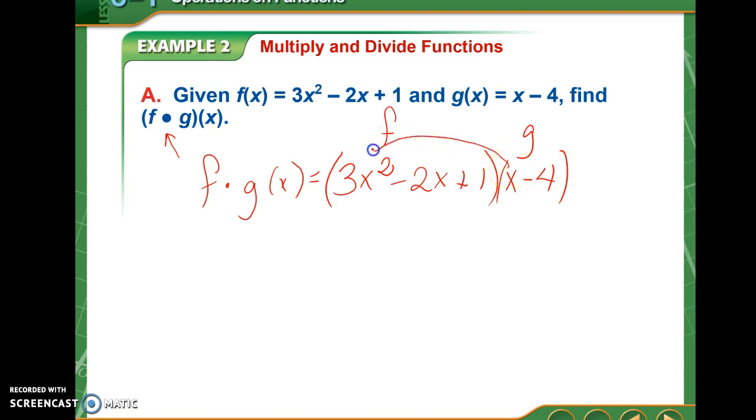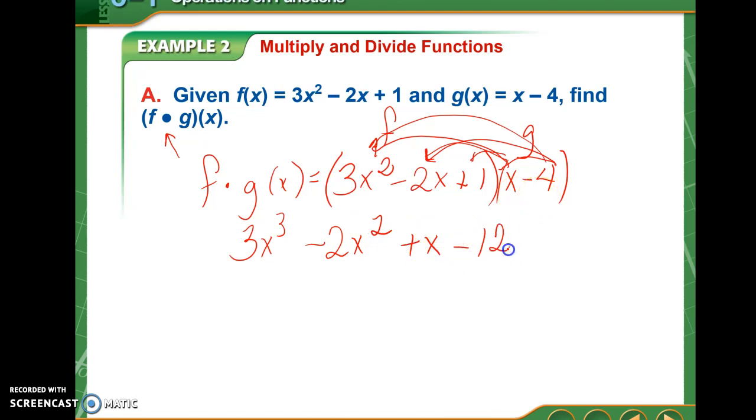So I'm going to take every term by x, every term by negative 4. So 3x squared times x is 3x cubed. Negative 2x times x is negative 2x squared. X times 1 is x. Negative 4 times 3x squared, negative 12x squared. Negative 4 times negative 2x, positive 8x. Negative 4 times 1, negative 4.